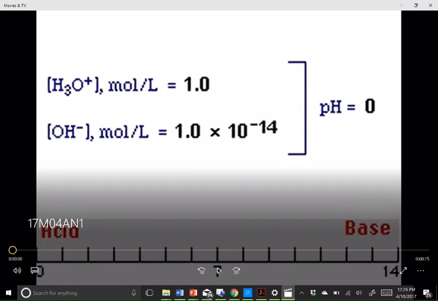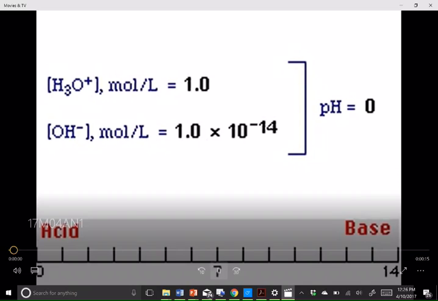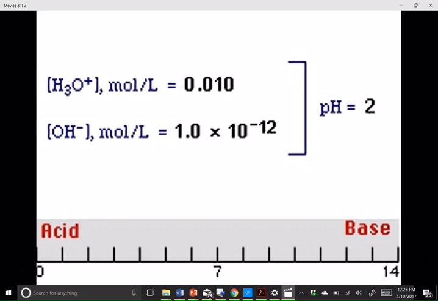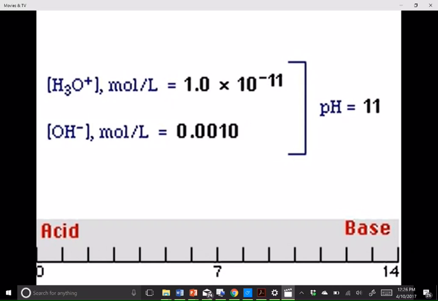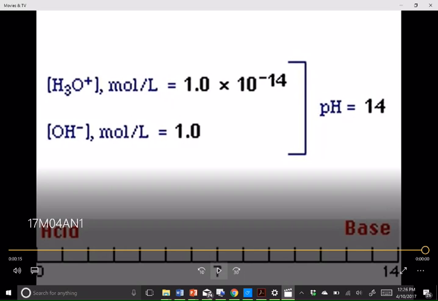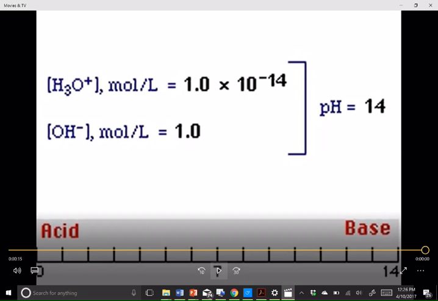So if you multiply those two together, you get 1 times 10 to the minus 14. That works. As one goes, in this case the hydronium ion is decreasing, the hydroxide ion is increasing. Cool.